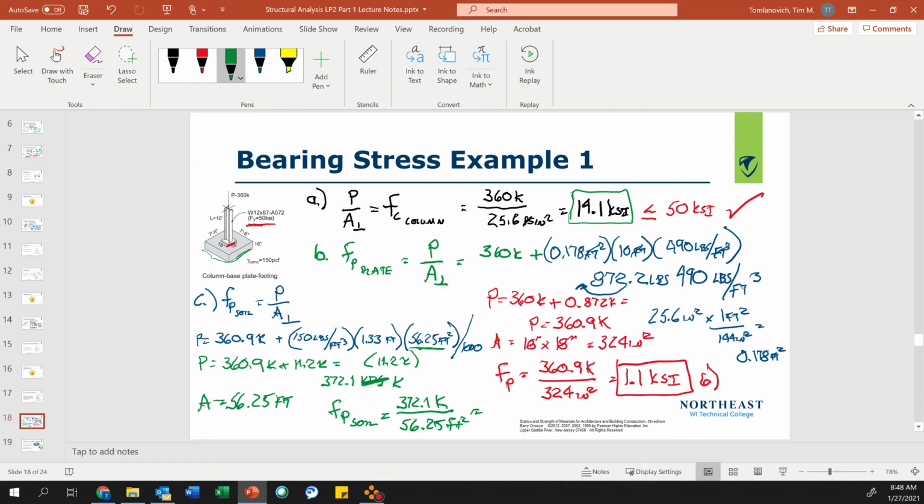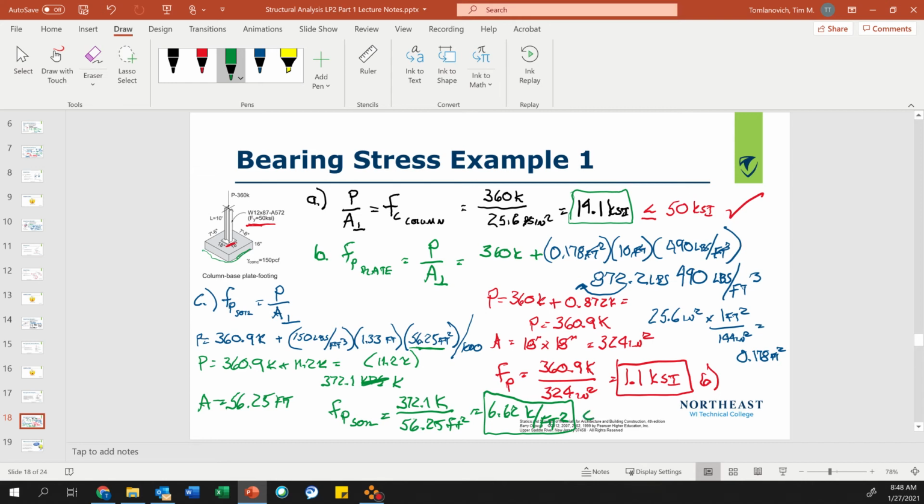So 372.1 divided by 56.25, and I get 6.62 kips per square foot. That's over 6,000 pounds per square foot, almost 7,000 pounds per square foot of pressure underneath that footing. Okay, that answers C.